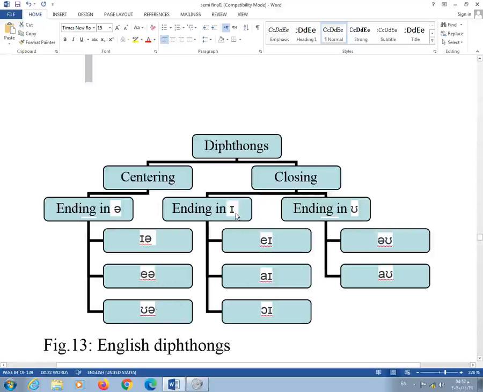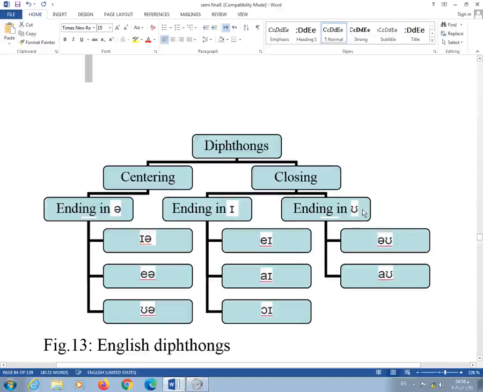Okay, we have closing. Why did we call them closing? You should know, because the name suggests the meaning. The term itself suggests the meaning. So closing means they end in one vowel or O, and both are close vowels, as we explained before. But the difference is that one is a front vowel and O is a back vowel. Do you remember?